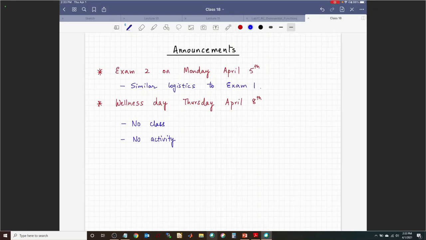We are also going to have a wellness day on Thursday, April 8th. This is something that the department, in fact the whole institute, is feeling the need for, and rightly so. The students deserve a break. The faculty deserves a break. Everybody is missing having a spring break. So I think this is going to do us a little bit of good.